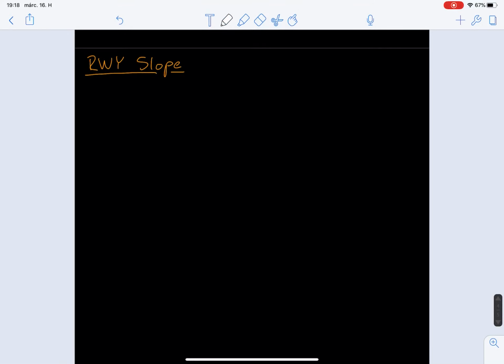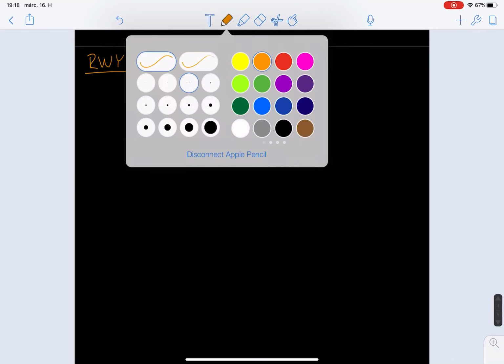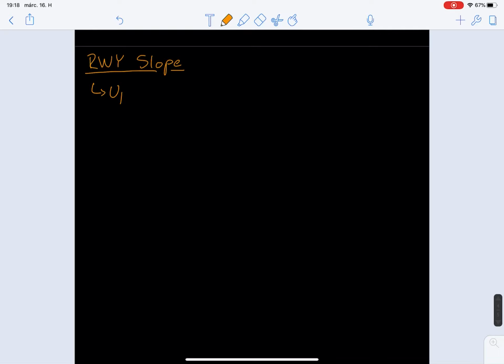When we initially talked about the takeoff run itself, we presumed the runway to have absolutely no slope. So in this case, we're going to start with an upslope. In case of an upslope, you're going to have an inclined runway. We're of course over-exaggerating right here.